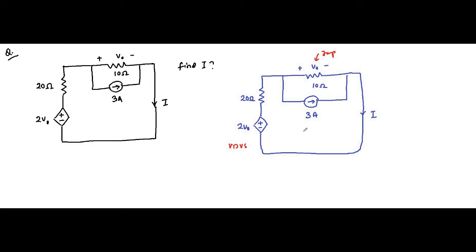So the same current I will be flowing here, here I, and here also I. Here from this part 3 ampere flows into this side. So current flowing through this 10 ohm resistor will be I minus 3.